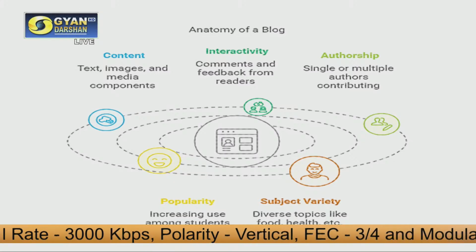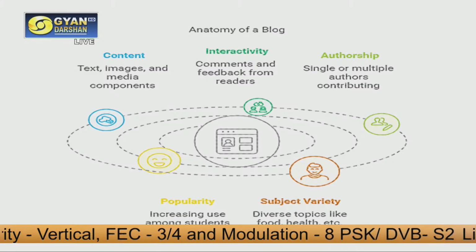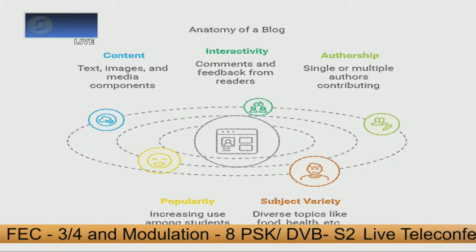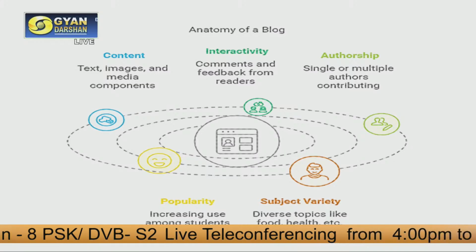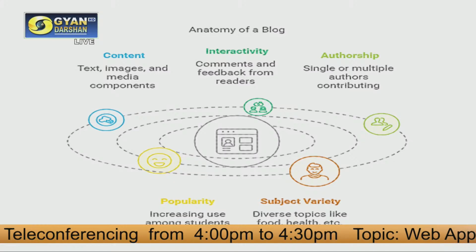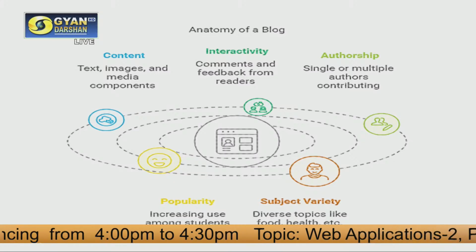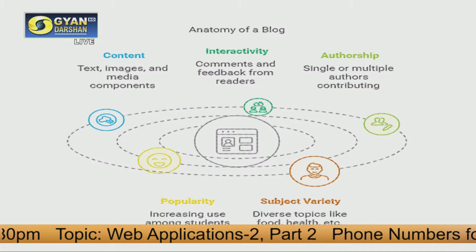And the authorship: developing a blog and maintaining a blog is not an easy task. You need to have new ideas, new concepts day in and day out. So the authorship of the blog may be single or multiple. You can invite multiple authors to contribute to the blog. Apart from this, there should be subject variety.